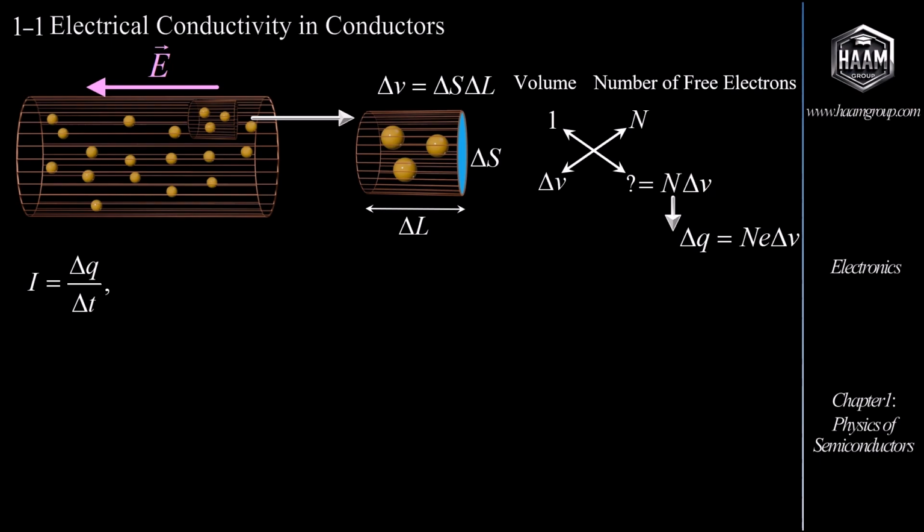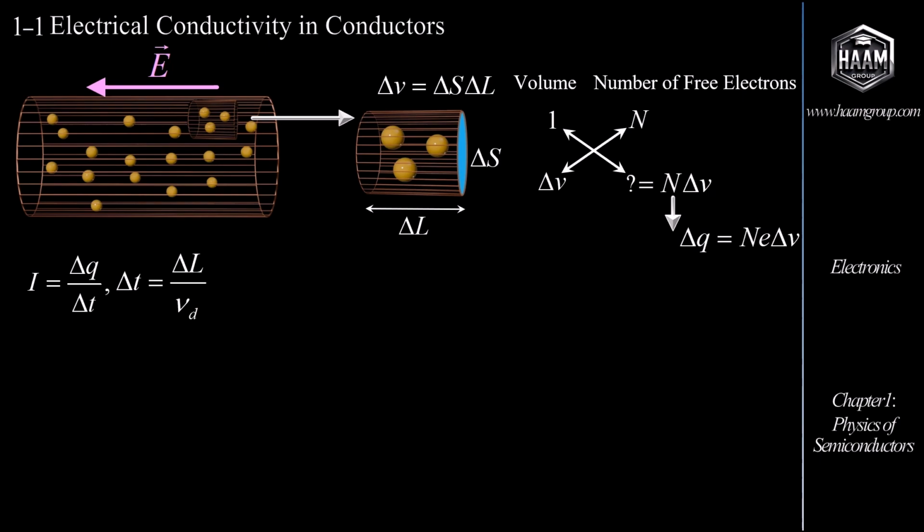Now the current is ΔQ divided by ΔT. We have calculated ΔQ. ΔT is the time required for this charge to travel the distance ΔL and pass through the cross-section ΔS. So ΔT equals the distance traveled ΔL divided by the drift velocity v_d.